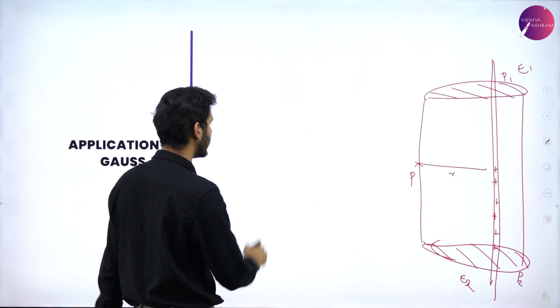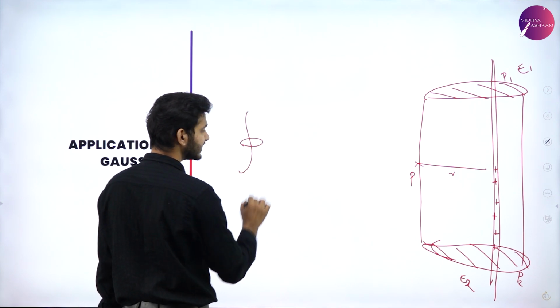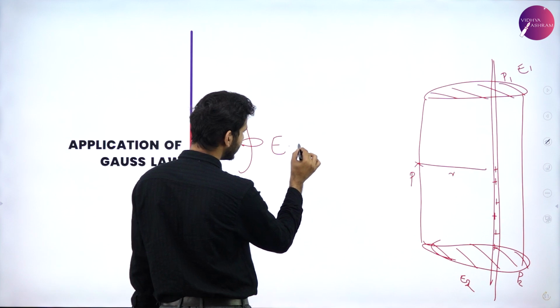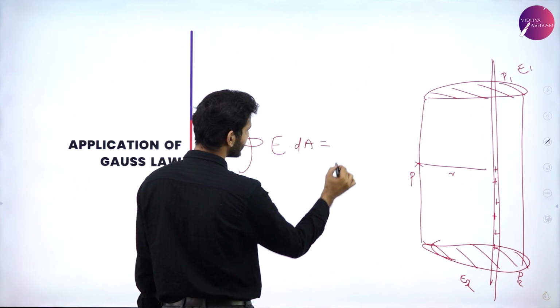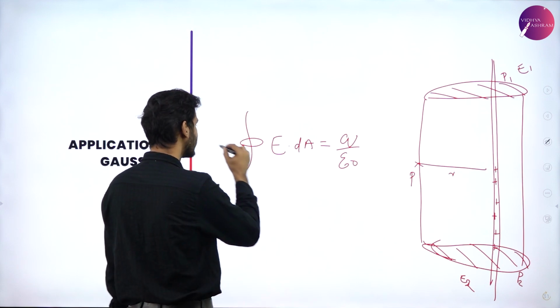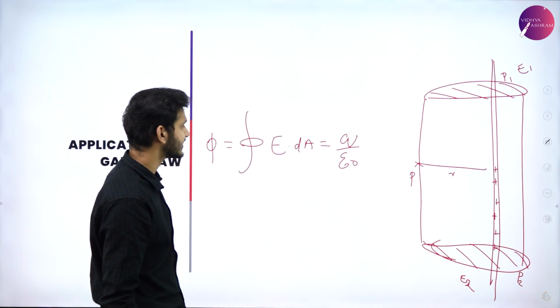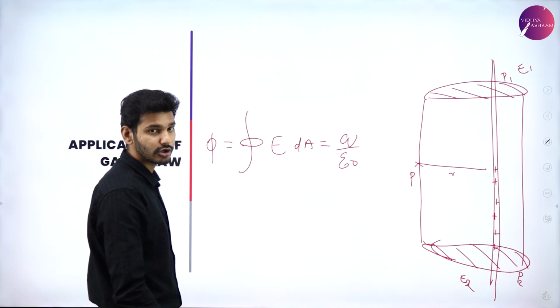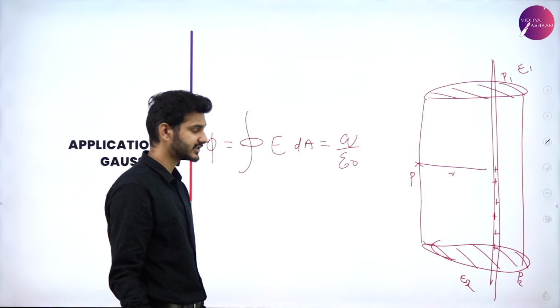So we only had to consider the curved surface. And we already knew that the closed integral of E dot dA is equal to Q by epsilon naught from Gauss's law.